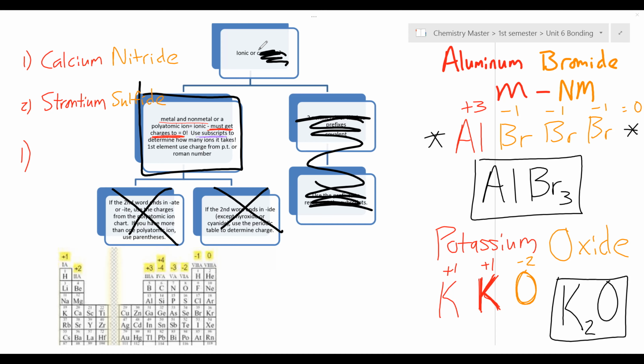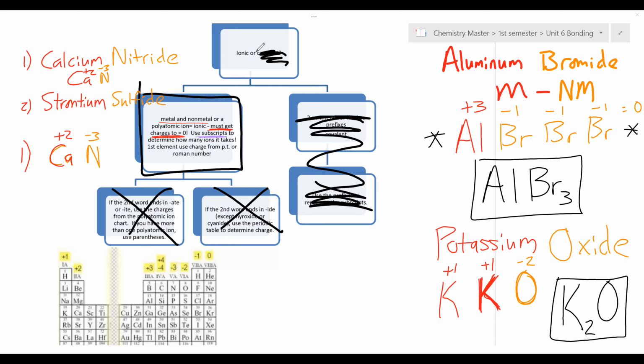All right. So for this one, you should have had Ca, which has a +2 charge. N has a -3 charge. We had to find a least common multiple between them, which is what? Least common multiple between these two. That's so that we can get them to 0. 6.